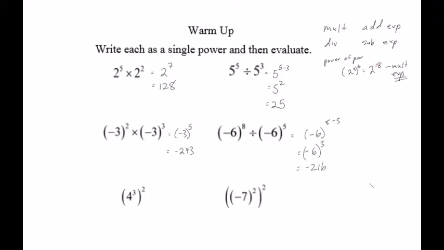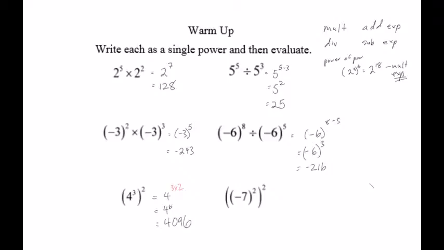Now, for 4 cubed raised to the second, what we're going to have is 4 raised to the 3 times 2, which ends up being 4 raised to the 6, which is 4,096.